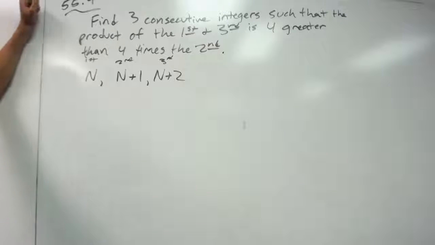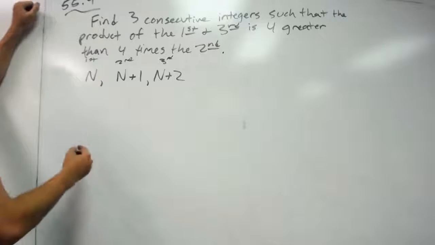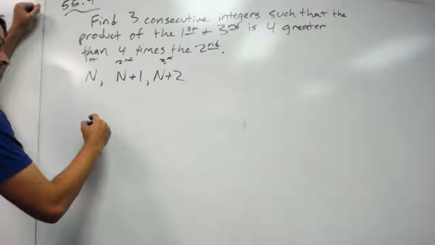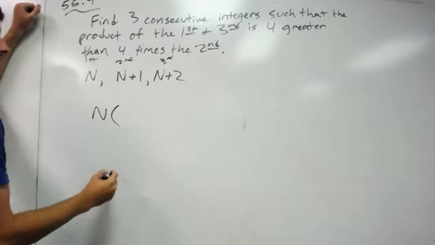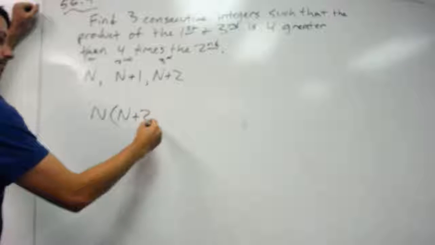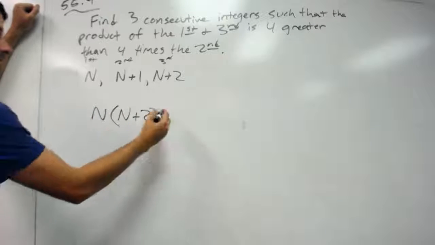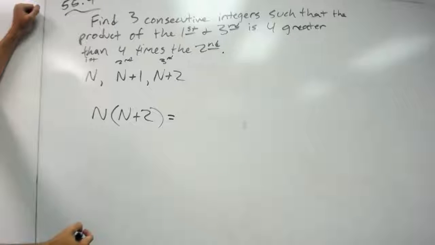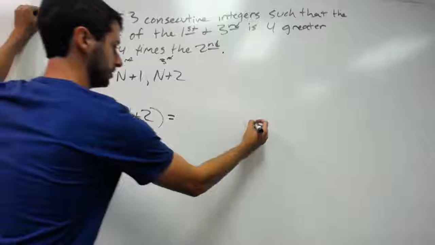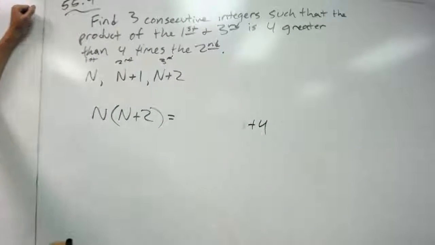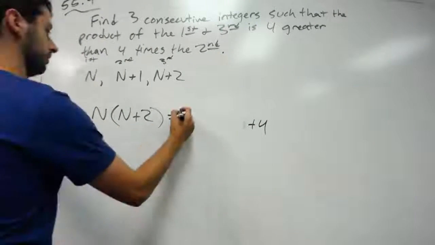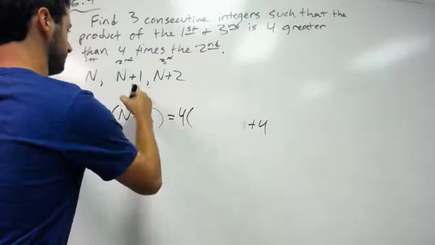We're using products of these. So the product of the first, product means multiply, n times the third, n plus 2, equals 4 greater than 4 times the second. So plus 4 is at the end, since it's 4 greater than 4 times the second.